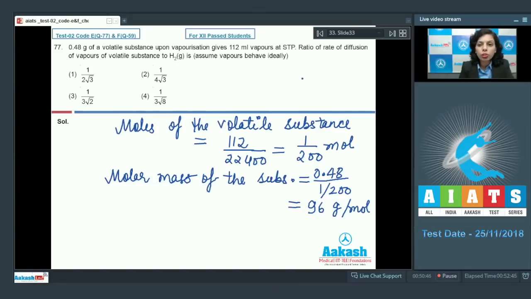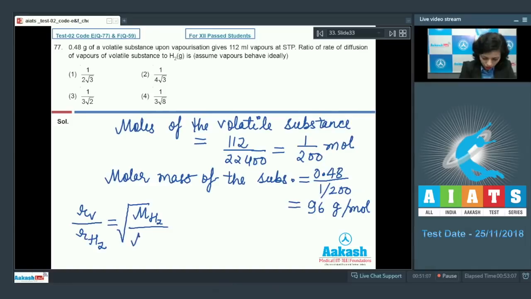Now, we just have to find out the ratio of rate of diffusion of vapors of volatile substance to H2. And we know that the rate of diffusion of the volatile substance, I'm taking here as RV, divided by RH2, would be equal to the root of MH2, the molar mass of hydrogen, divided by the molar mass of that volatile substance.